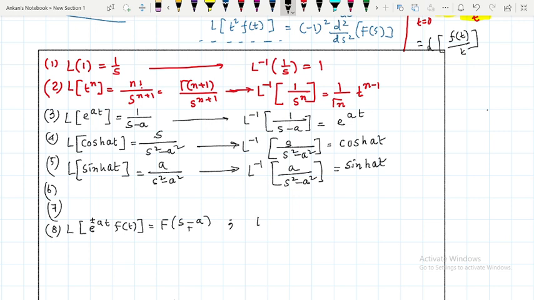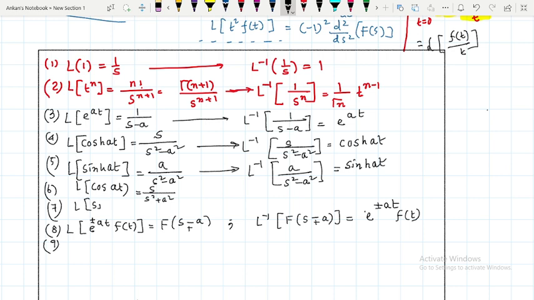So inverse Laplace of F(s ∓ a) will result in e^(±at) f(t). Laplace of cos(at) is s by s^2 plus a^2, Laplace of sin(at) is a by s^2 plus a^2.